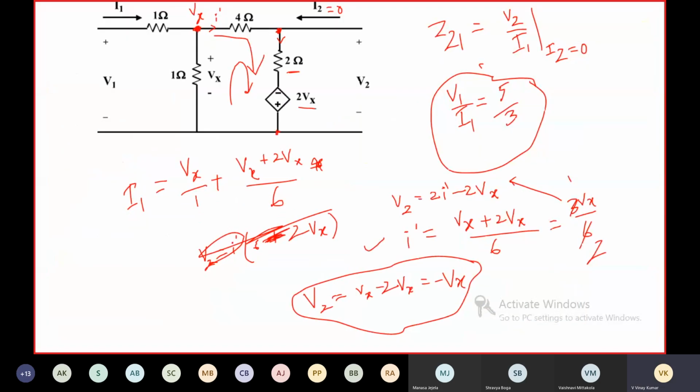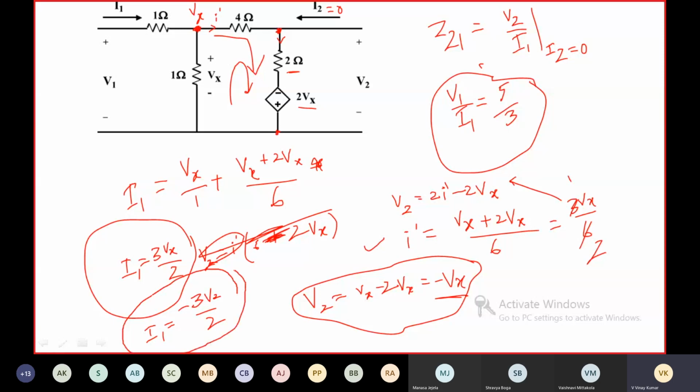Here we already know I1 is equal to 3Vx by 2, and we got V2 is equal to minus Vx. Then I1 is equal to minus 3 V2 by 2.